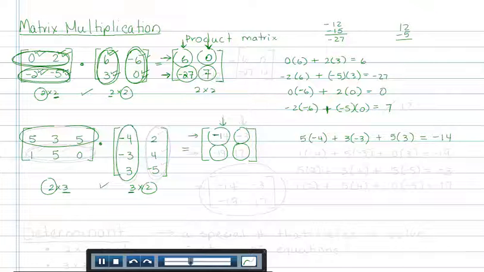Go ahead and put a minus 14. The second number is in row 2, column 1. So I'll be working with row 2, column 1. That's already circled. And working with the numbers, it's going to be 1 times negative 4 plus 5 times negative 3 plus 0 times 3. And that gives you a negative 19.